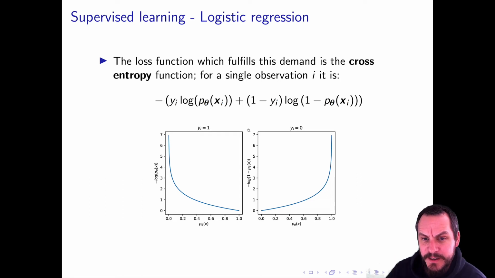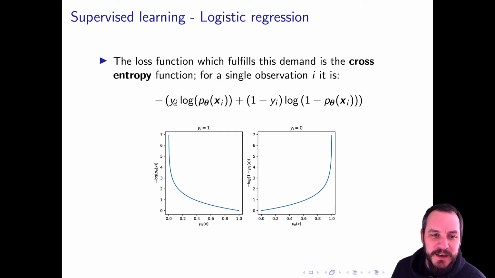If we in reality observe a realization which is 0, then the first expression is equal to 0, and the second one is log of 1 minus the probability. So overall we have two cases, and for each case we get minus log of the probability prediction for the corresponding category.